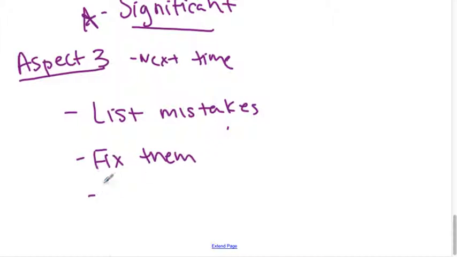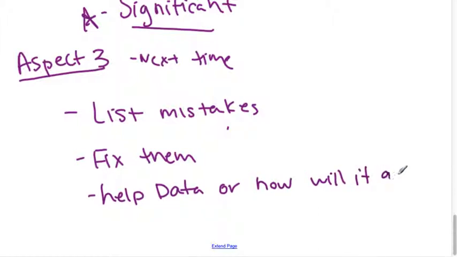How do I fix all these mistakes that happened? And of course, you have to connect it back. Well, will that solution make a difference in my data at the end? So will this fix help your data, or how will it affect your data? So if I decided to, instead of using an egg carton, use a plastic container to grow my seeds that had drainage at the bottom, well, maybe my roots wouldn't have grown in.